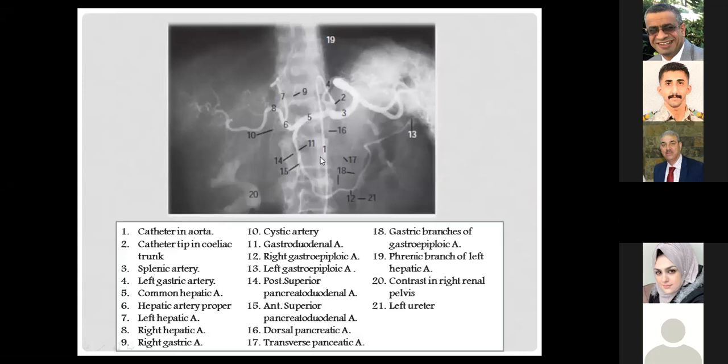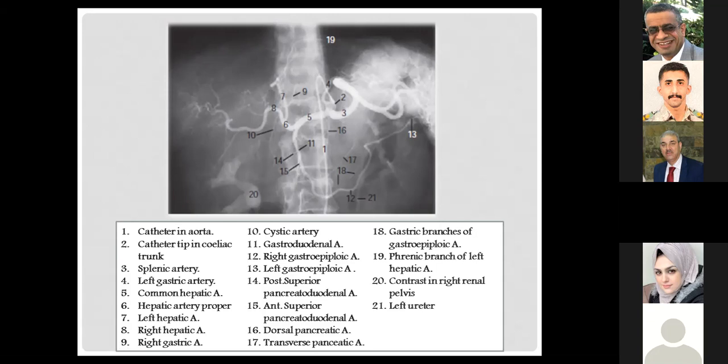Here we can see number 1 is the catheter in the aorta, number 2 the tip, number 3 the splenic artery, 4 the left gastric artery, 5th the common hepatic artery, 6th the hepatic artery, and 7th left hepatic artery, 8th right hepatic artery, 9 right gastric artery.